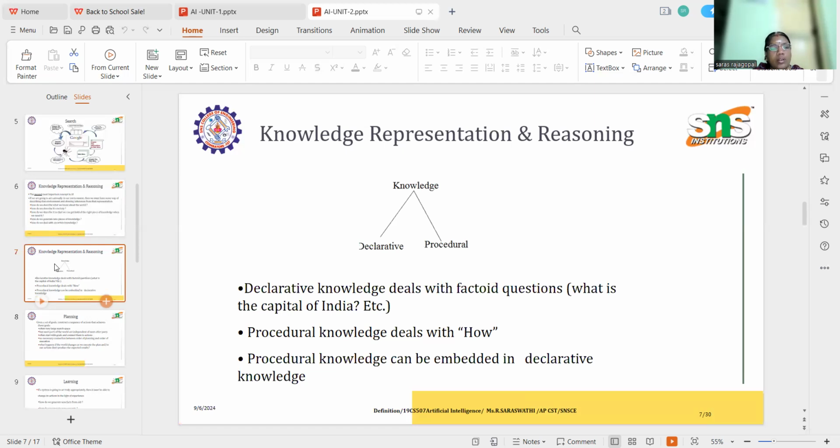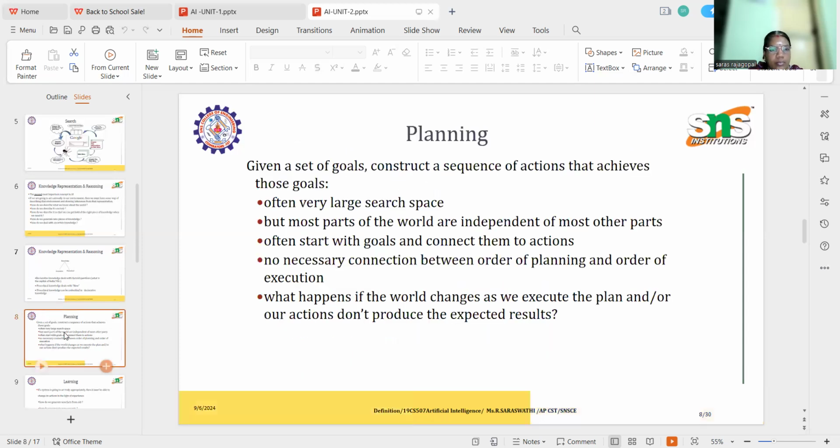Procedural knowledge can be embedded in declarative knowledge, but declarative knowledge cannot be embedded in procedural knowledge. Declarative knowledge is also known as what to explain the knowledge, and procedural knowledge deals with how to explain the knowledge.